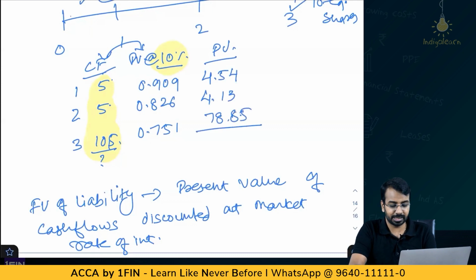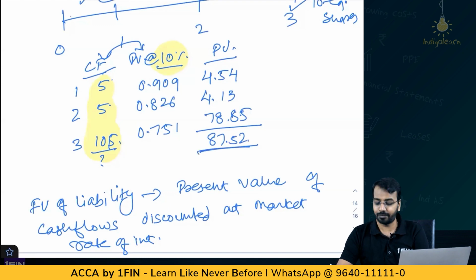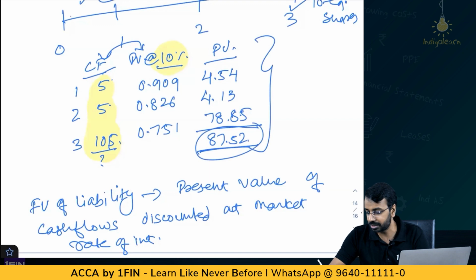Okay. So when you total it, this plus 4.54 plus 4.13, what you get is 87.52.